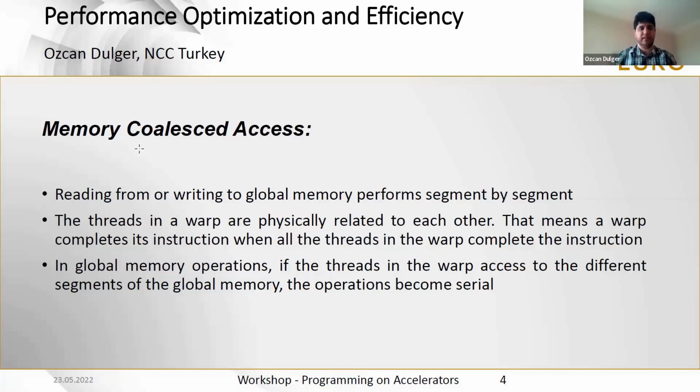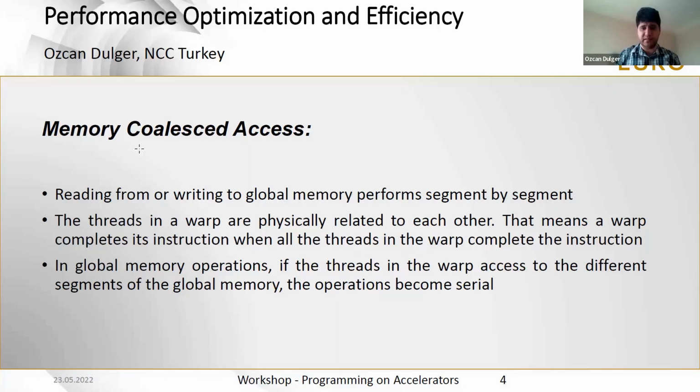Reading from or writing to global memory on CUDA is performed segment by segment, and the threads in a warp are physically related to each other. We know that 32 threads reside in a warp.